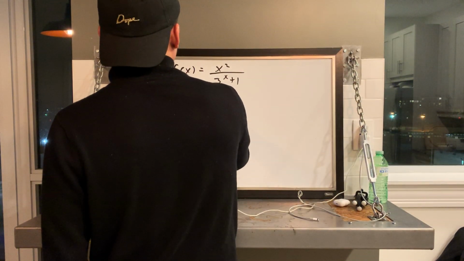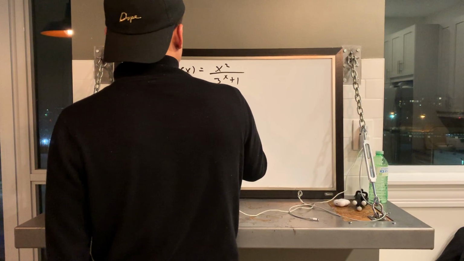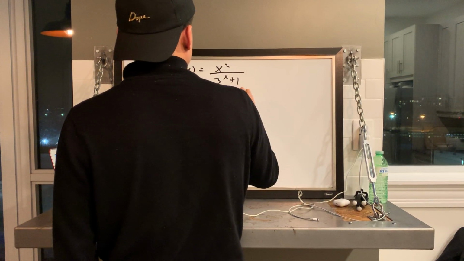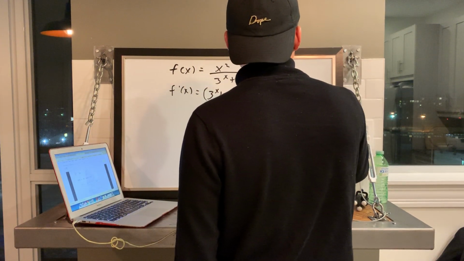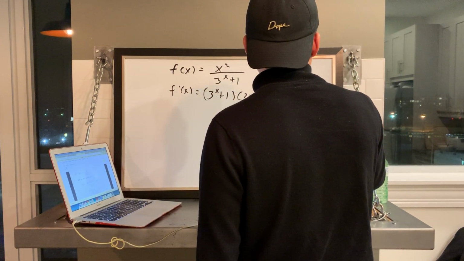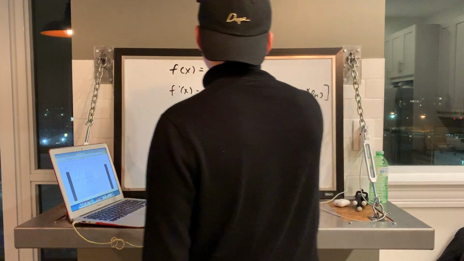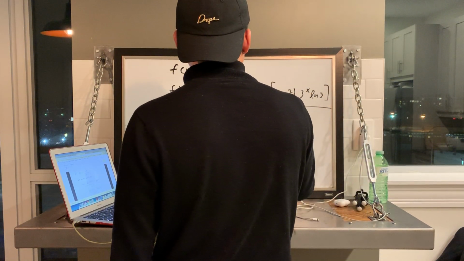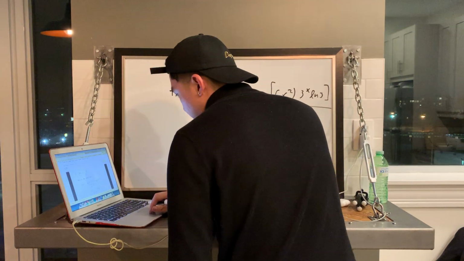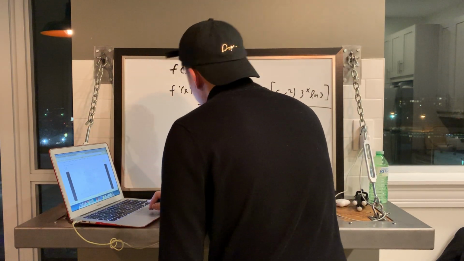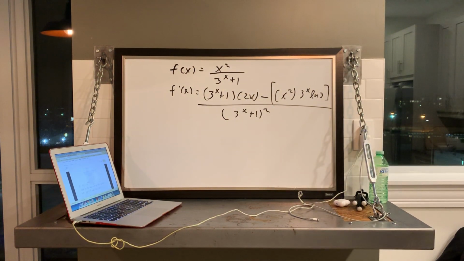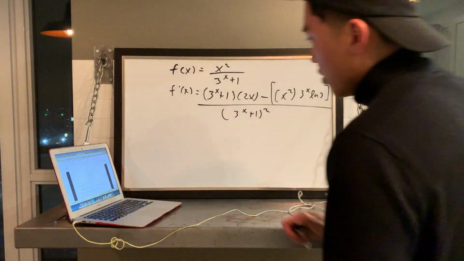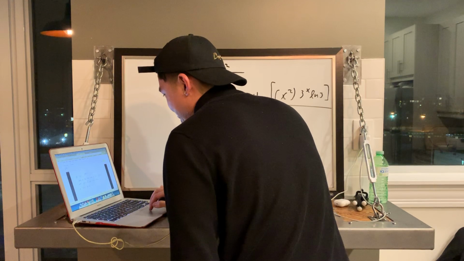So I do low d high minus high d low all over the bottom squared. If I clean all that up, hey, you didn't foil this guy. I'll leave it at that. I know you can clean it up, but that's time consuming, that's effort. Low d high minus high d low over low squared. On a test, you would have to do that.